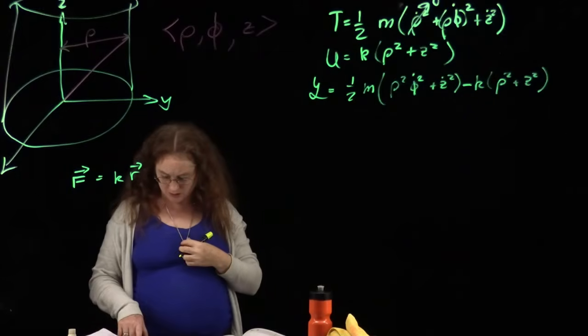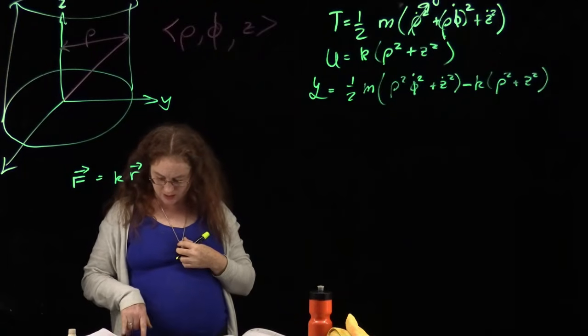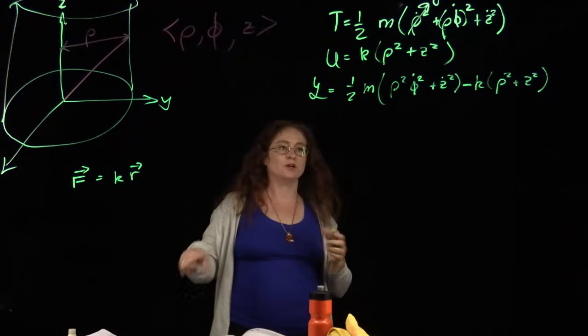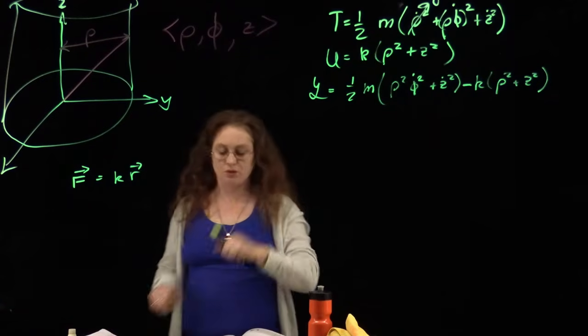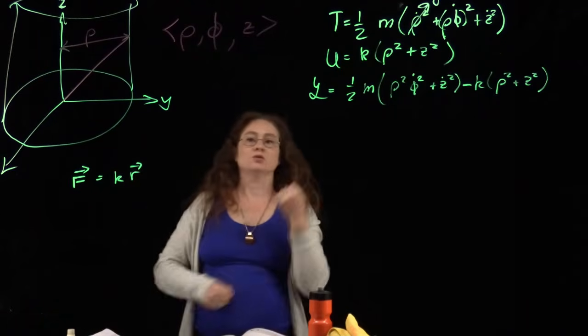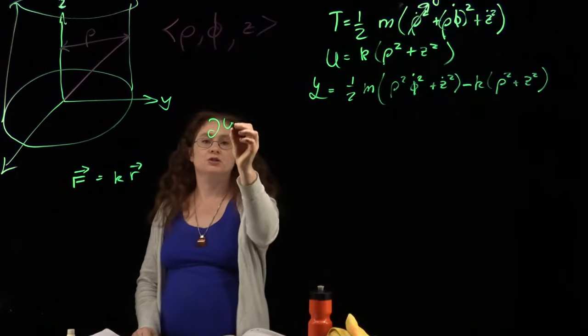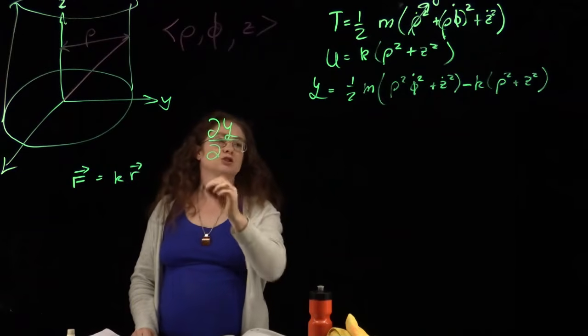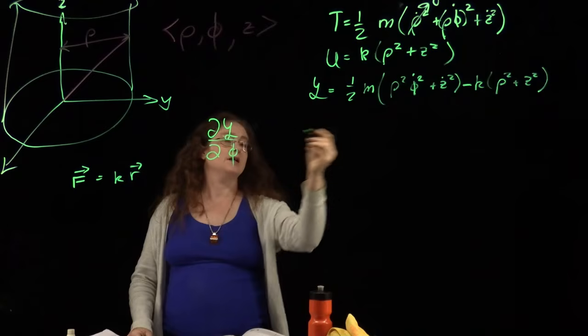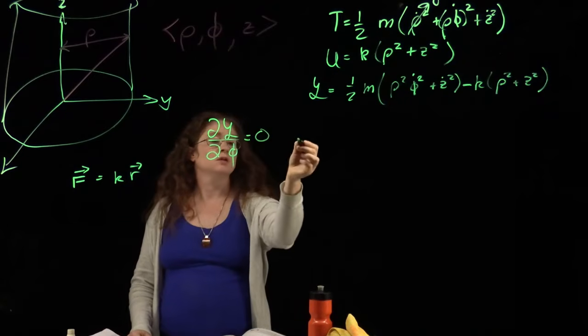And then we have two variables, so we have to come up with equations for both. So we're going to look at partial L, partial phi, and that is 0.